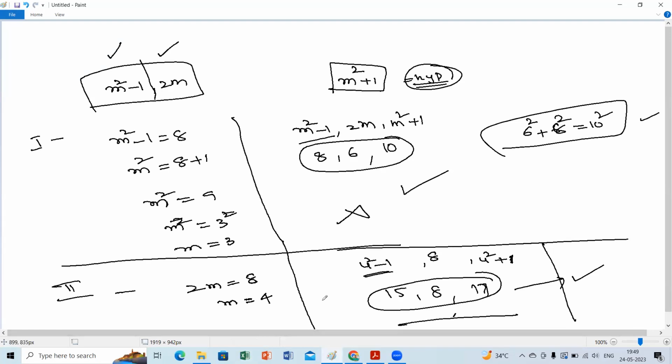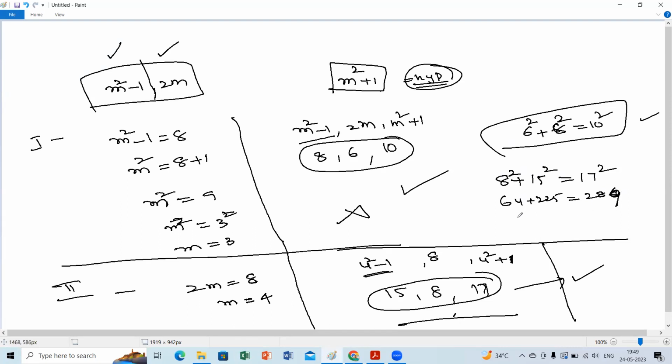Is 8, 15, 17 a triplet, ma'am? Yes, that is also a triplet. You can check: 8 square plus 15 square is equal to 17 square. 8 square is 64, 15 square is 225, and 17 square is 289, right?